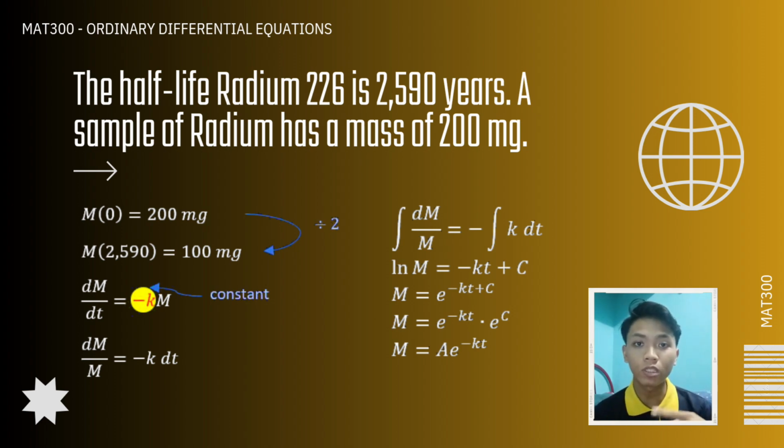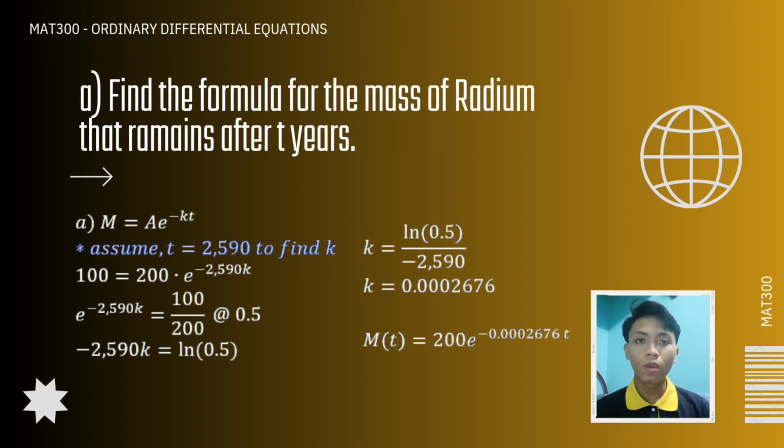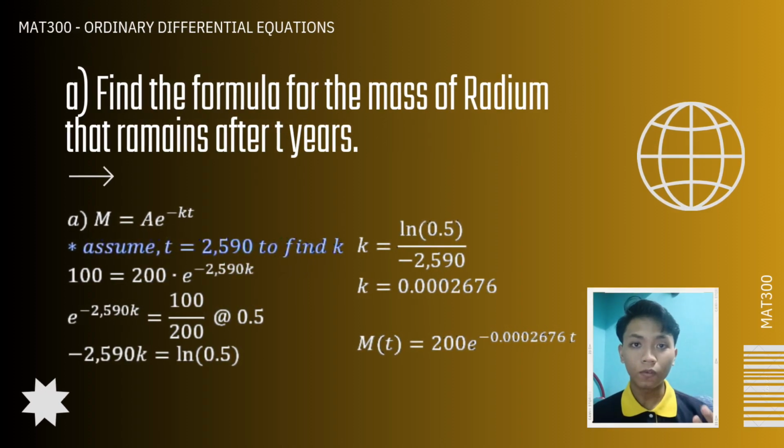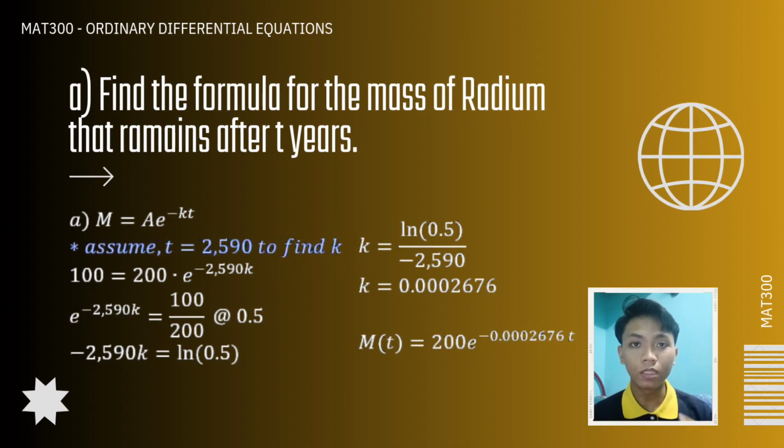Then we need to rearrange the equation and we will get dM over M equal to negative k dt. Then we integrate both sides. After that, we will get M equal to A exponential negative kt. To solve our first question, we need to find the value of k first, assuming the value of t is 2590.